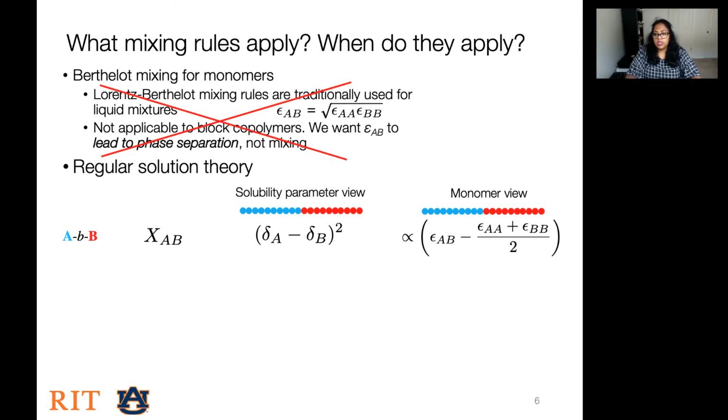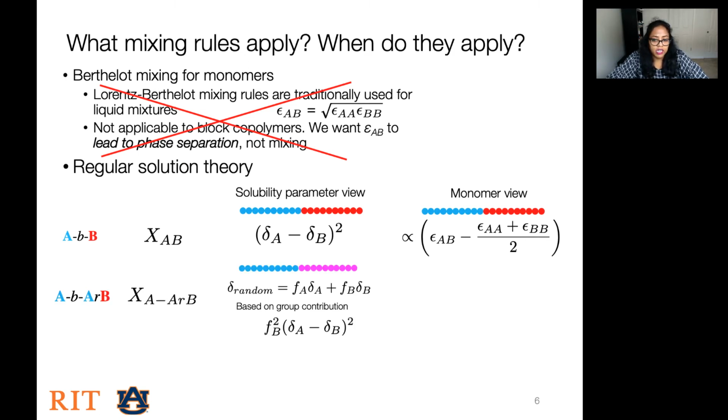And for the monomers, it's a little more complicated. It's epsilon AB, the repulsion strength between A and B, minus the repulsion strength in A and B divided by 2. And so that works for a traditional block copolymer the way we know it.